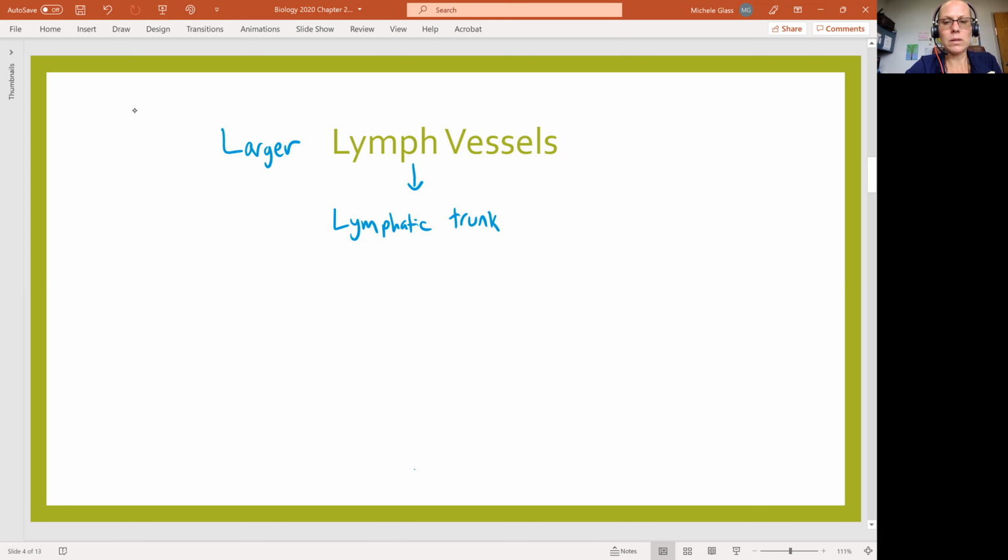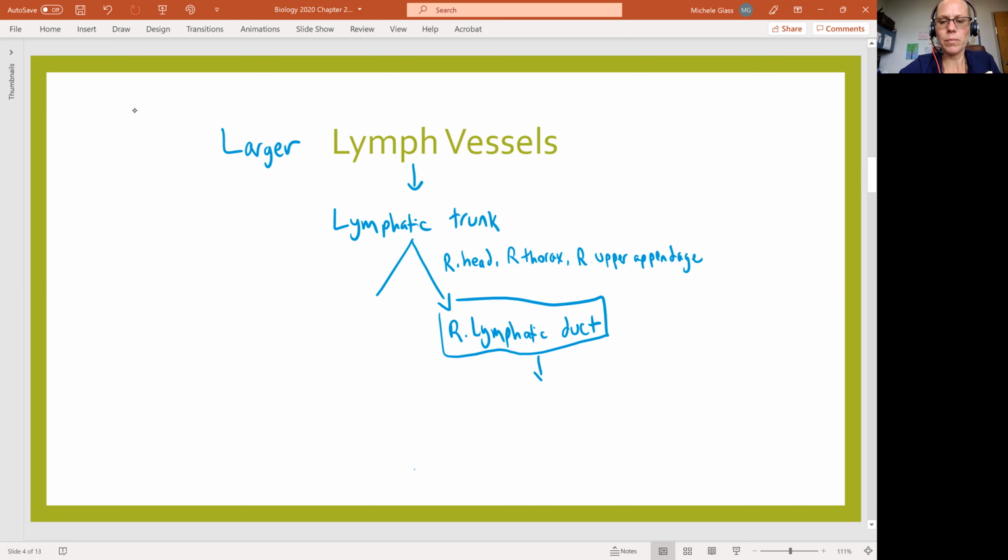And then what we will see is the right head, the right thorax, the right upper appendage drains into what's called the right lymphatic duct. And then this dumps into the right subclavian vein. And so now we're back in circulation.